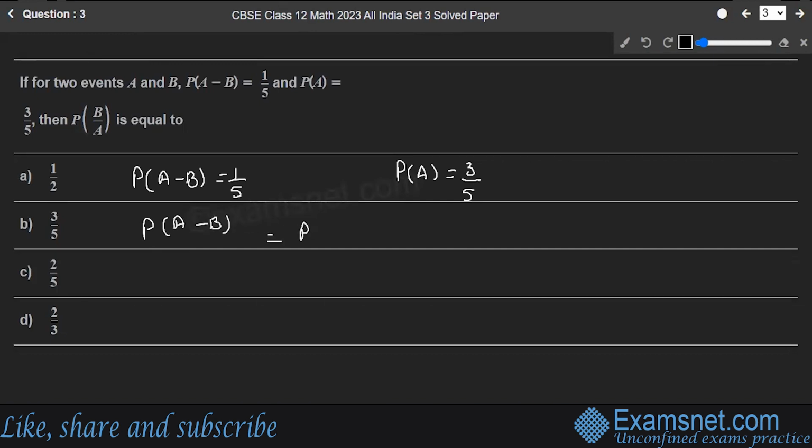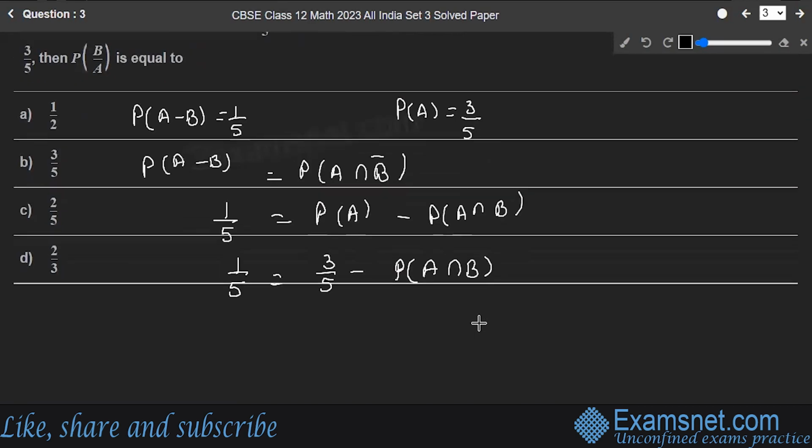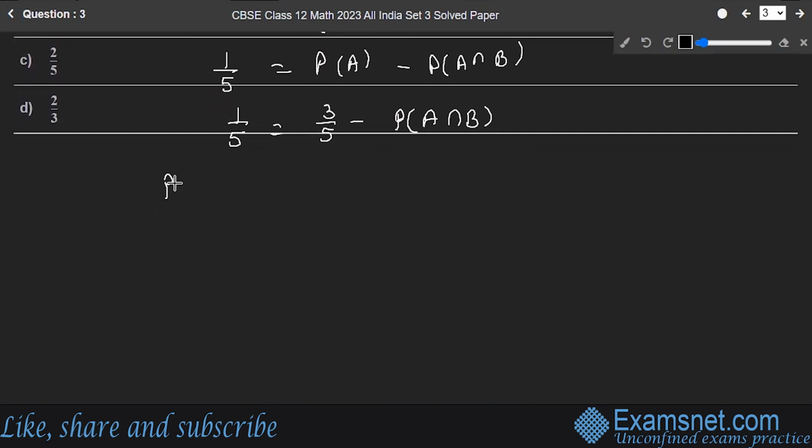P(A minus B) can be written as P(A intersection B bar), which is equal to P(A) minus P(A intersection B), right? This is equal to 1 by 5. So 1 by 5 is equal to 3 by 5 minus P(A intersection B), or P(A intersection B) is equal to 3 by 5 minus 1 by 5, which is equal to 2 by 5.